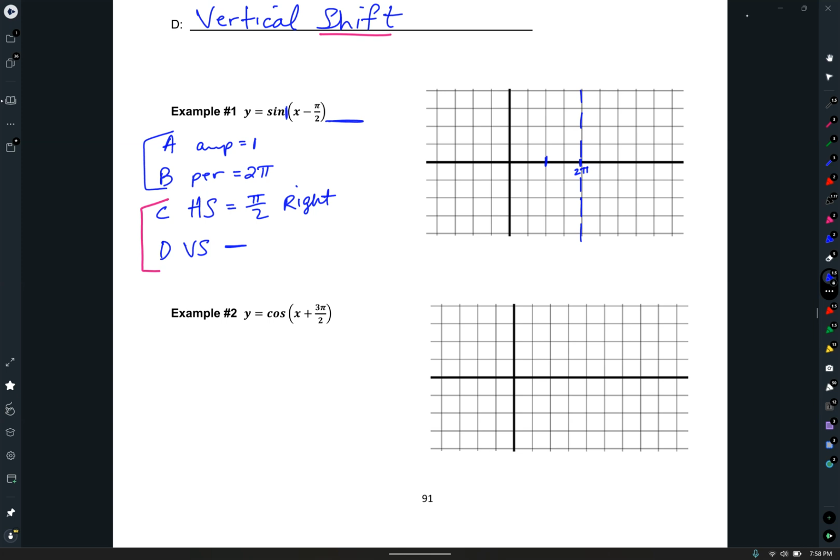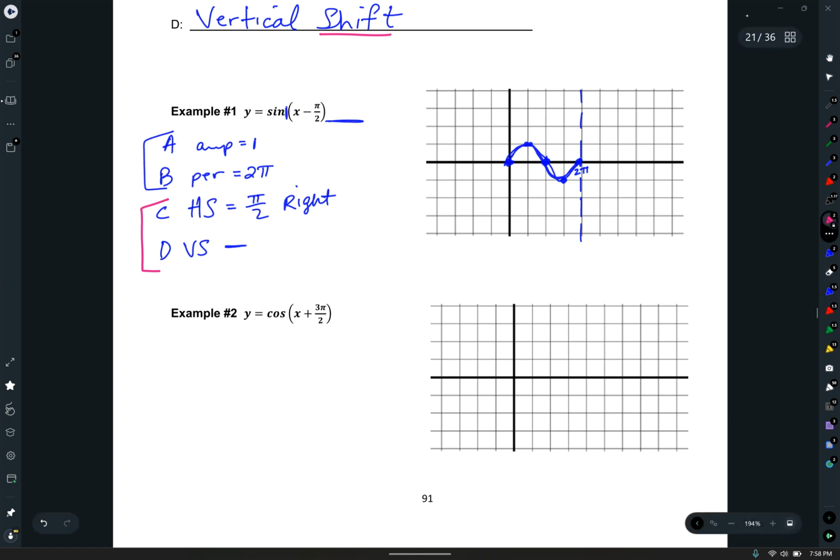Since this is the sine graph, I know it starts, ends, and halfway at 0. And then halfway between each one of those is where it goes up to its amplitude. So up to 1, down to -1, because the amplitude was 1. So there's my graph that brings in both the period of 2 pi and the amplitude of 1.